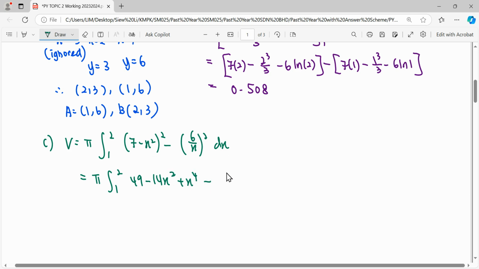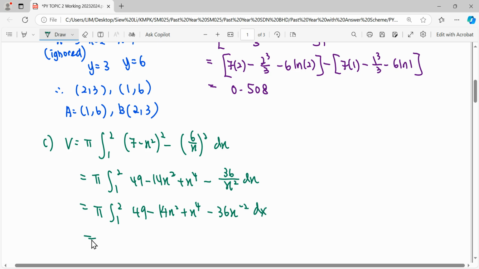Then expanding this, it will give you 36 over x squared, and we rewrite it into a power. As you see, the denominator has power of 2, so you rewrite it. It will become negative 36 x to the power of negative 2, dx.